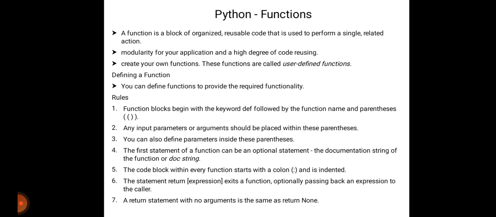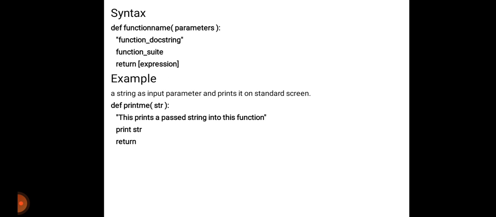And this is the syntax. Define the function name, and whatever parameters you need, you put inside the parentheses. Then the function docstring, which is the documentation you require, then the function suite and the return expression. Return means the end of the function.